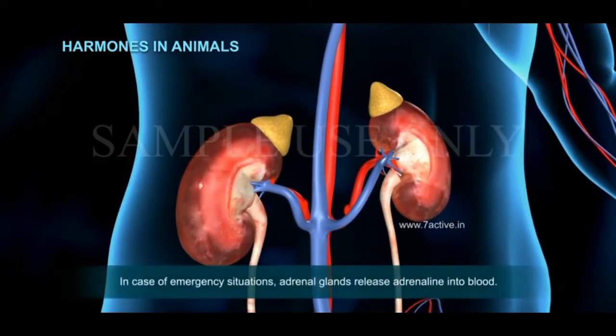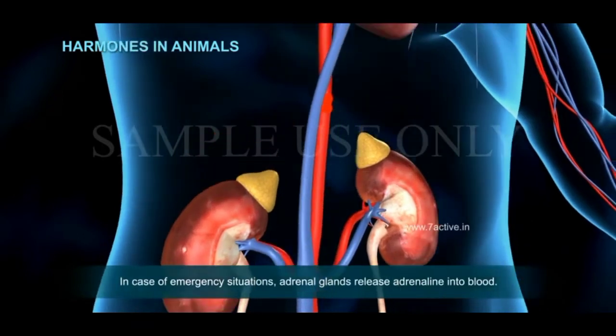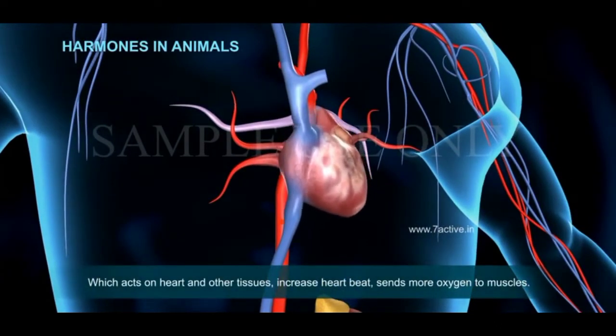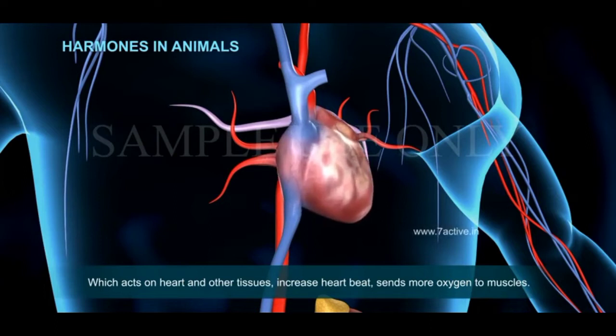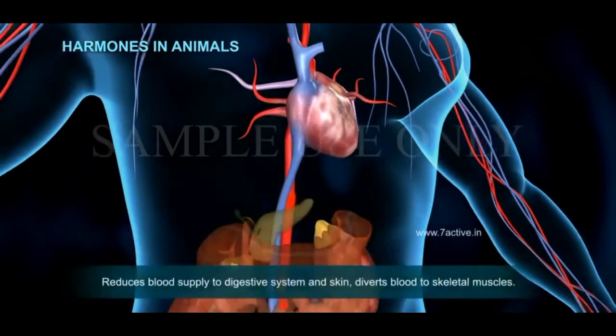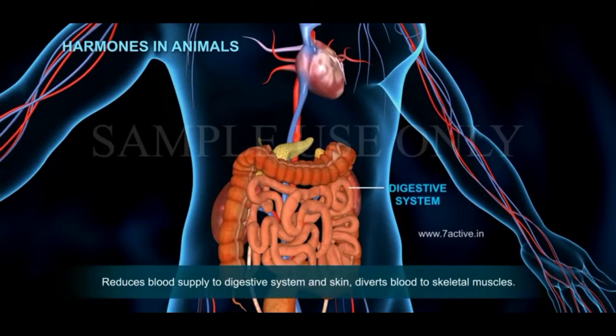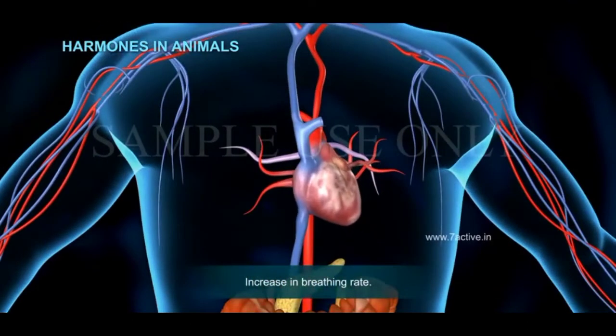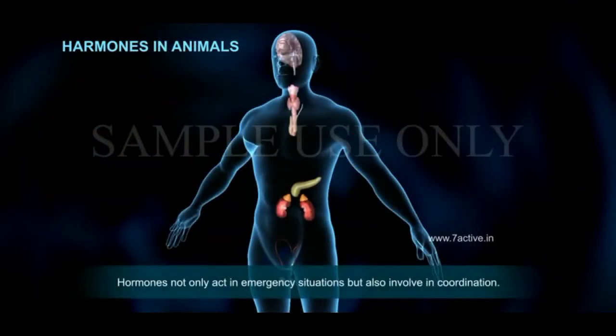In emergency situations, adrenal glands release adrenaline into the blood, which acts on the heart and other tissues, increases heartbeat, sends more oxygen to muscles, reduces blood supply to the digestive system and skin, diverts blood to skeletal muscles, and increases the breathing rate. Hormones not only act in emergency situations but are also involved in coordination.